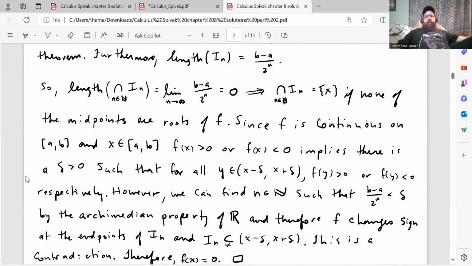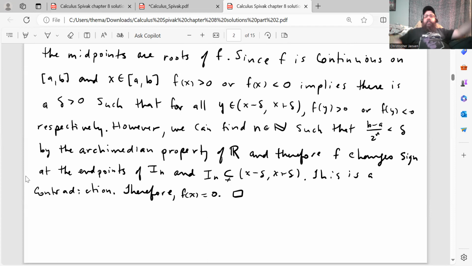Since f is continuous on the closed interval from a to b and x is in the closed interval from a to b, f(x) greater than 0 or f(x) less than 0 implies that there's a delta greater than 0 such that for all y in the open interval from x minus delta to x plus delta, f(y) is greater than 0 or f(y) is less than 0 respectively. However, we can find a natural number n such that (b minus a) over 2^n is less than delta.